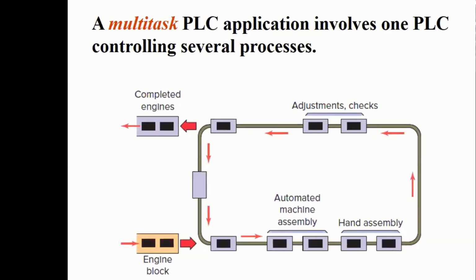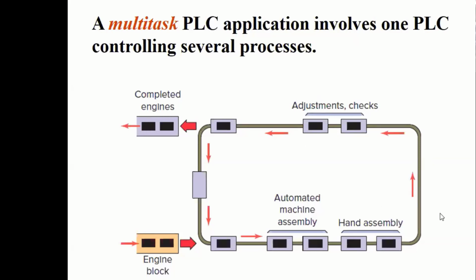Here one PLC controls several processes. Now, this is probably a large modular PLC. This is a production line conveyor system where you have engine blocks coming in, operators that will do some hand assembly in companion with automated machine assembly, and then some adjustments that will be either manual or automatic, and then the engine going out.